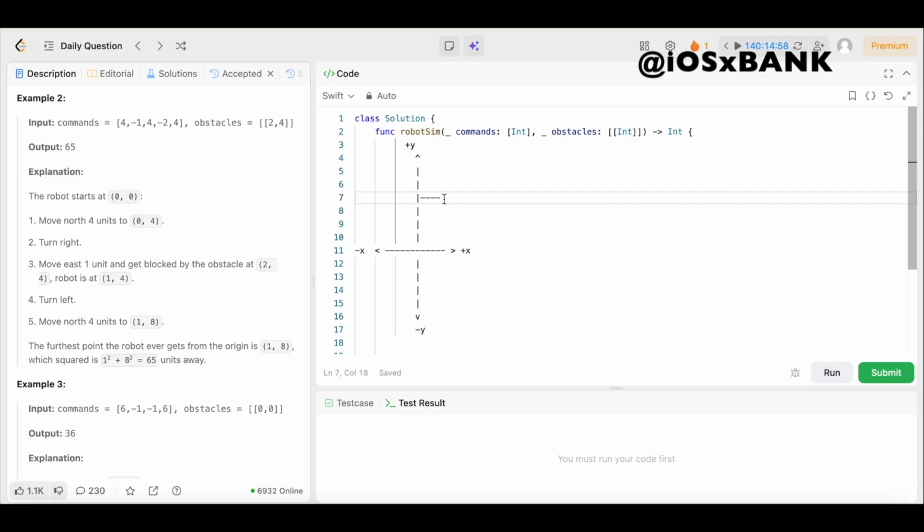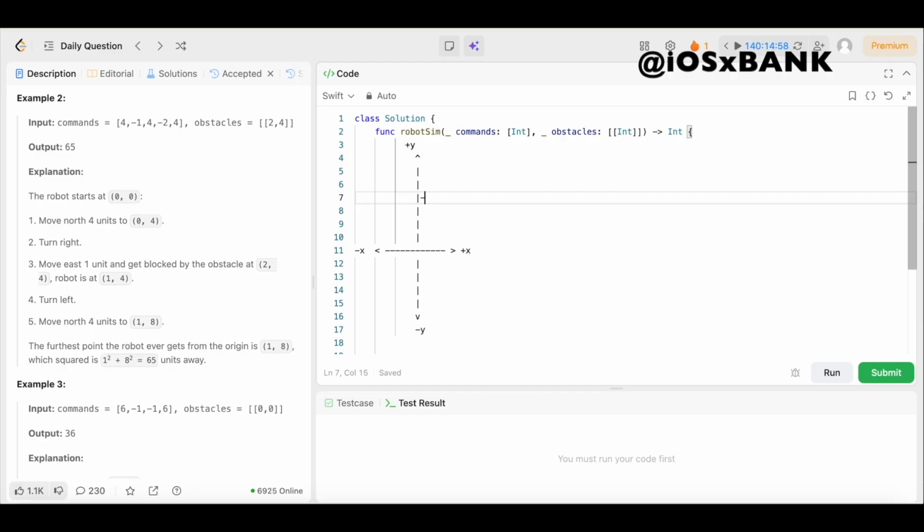Hold on. Let me back up, y'all, because how do we get to 1, 4? Okay, we move up 4 units. We're right here. We turn right. Then we move east 1 unit and get blocked, because we have an obstacle at 2, 4.